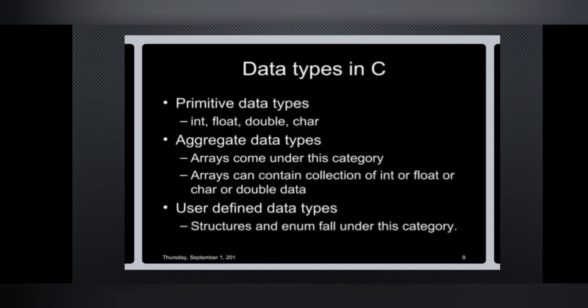Aggregate and other types are classified as aggregate data types. Array comes under this section. An array can contain a collection of int, float, char or double data types. And then we have the user defined data types, in which structures and enums fall under this category.